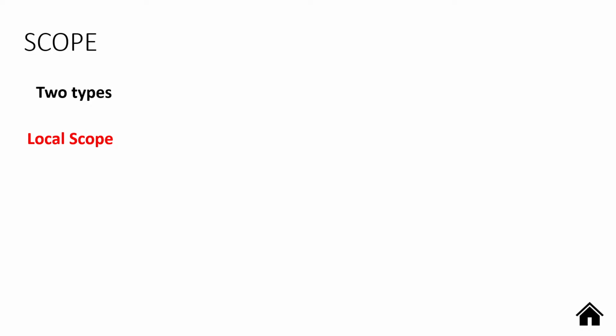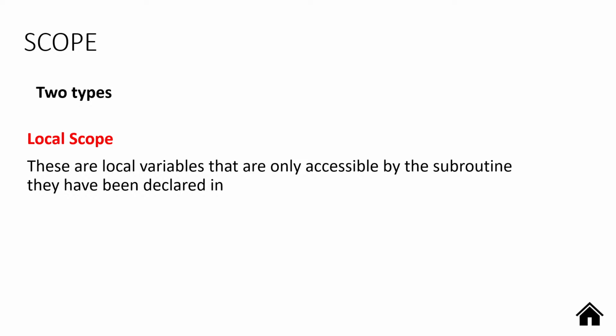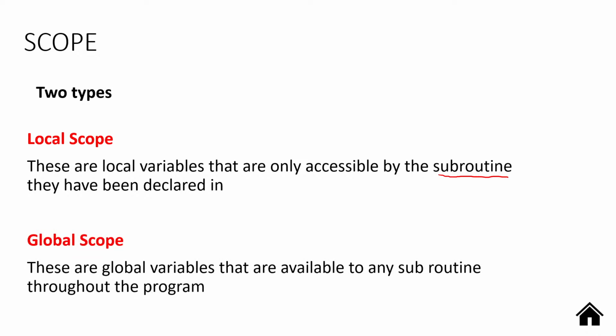Local variables are only accessible by the subroutine they have been declared in, and when I say subroutine, I mean a procedure or a function. If your local variable has been declared inside a subroutine, it only lasts as long as that subroutine lasts. Global variables are available to any subroutine throughout the program, so they can be accessed anywhere you like.